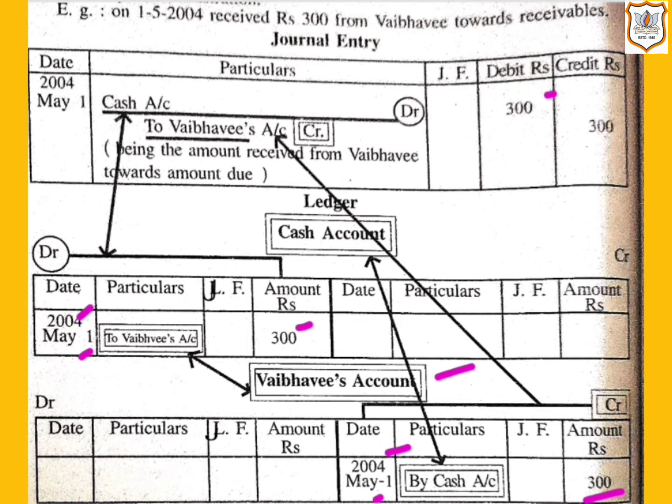In our illustration, while posting in cash account, on its debit side, in the column of particulars, Vaibhavi's account having credit effect is shown. While posting in Vaibhavi's account, on its credit side, in the column of particulars, cash account having debit effect is shown.